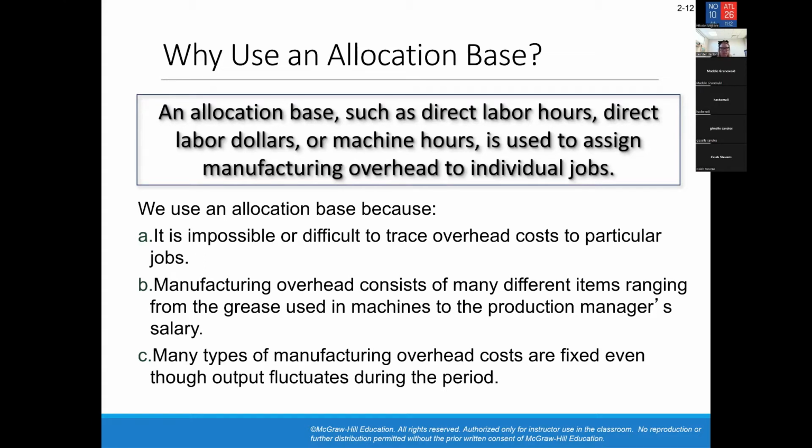So we have an allocation base, such as maybe direct labor hours, labor dollars. It could be machine hours, something that is used to assign the manufacturing overhead to the jobs. It can be impossible or difficult to trace overhead. Then we have overhead that consists of many different items, ranging from grease that is used in machines.